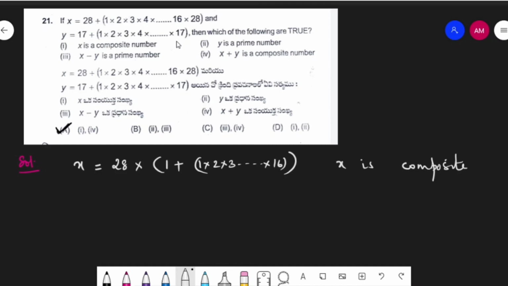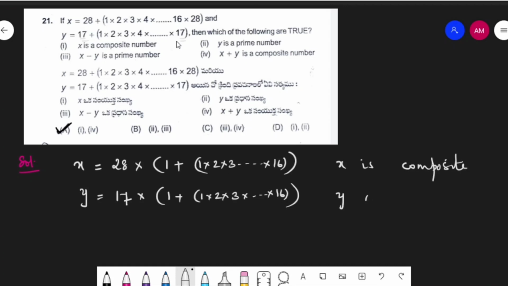Let us consider y. Here we have 17 and here we have 17. So we can take 17 common. We get 1 plus 1 into 2 into 3, so on into 16. So 17 is one of the factors of y.